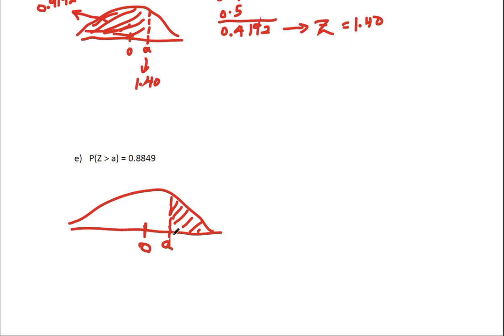But if we think about this logically, if the area is 0.8849, then the value of A is actually going to be on this side, because the total area on this side is only 50%. So we're going to modify this a little bit.